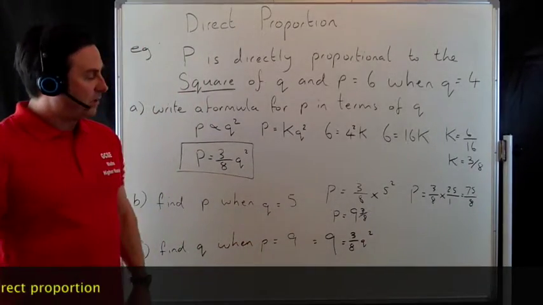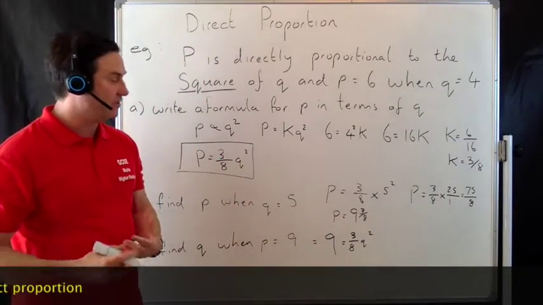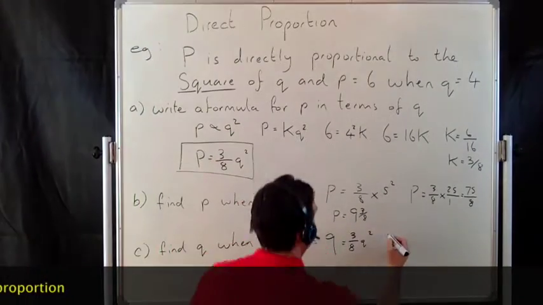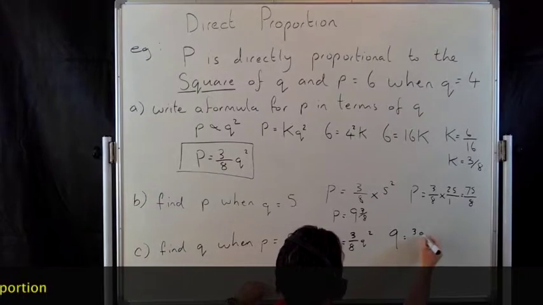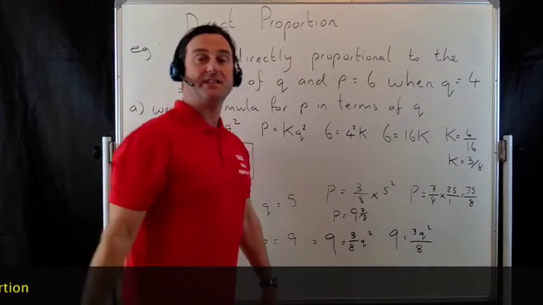And if you remember from part 1, I told you if you've got 3 over 8, it's a lot easier to write that as 3Q squared over 8. So this is basically the same as saying 9 equals 3Q squared over 8. It's just a better way of writing that.